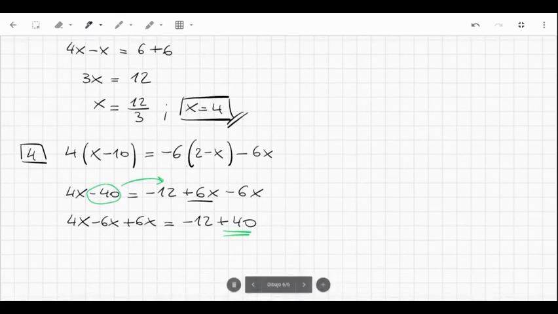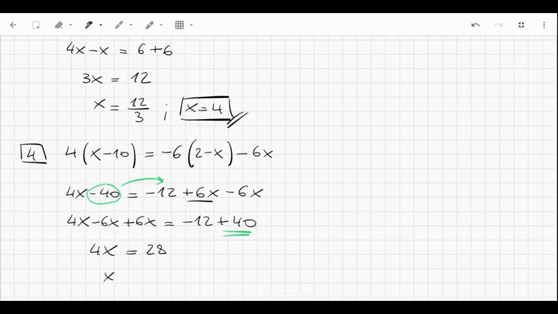If I continue solving this one, and you didn't notice this, 4x minus 6x would be minus 2x, plus 6x would be 4x, which equals, in this case, minus 12 plus 40, which will become 28, okay good.